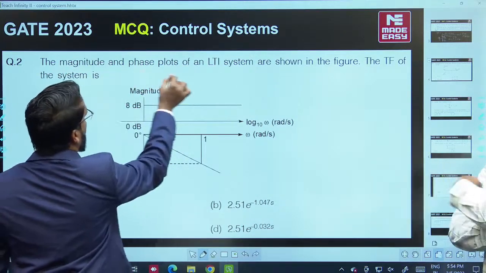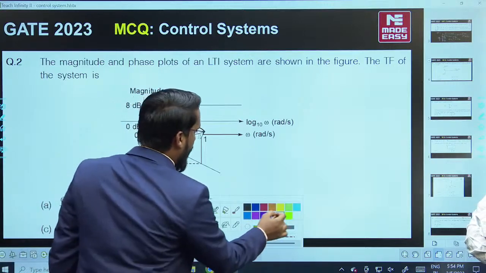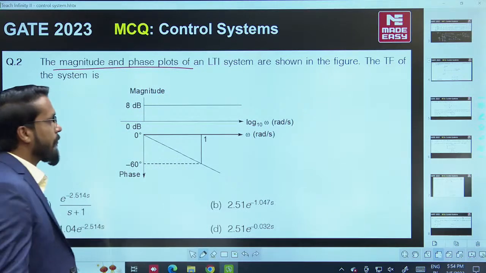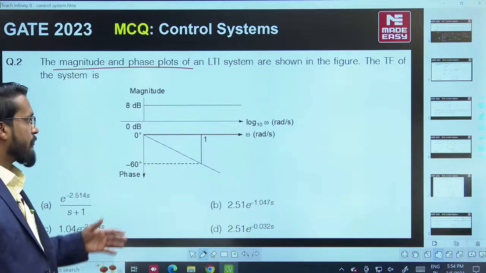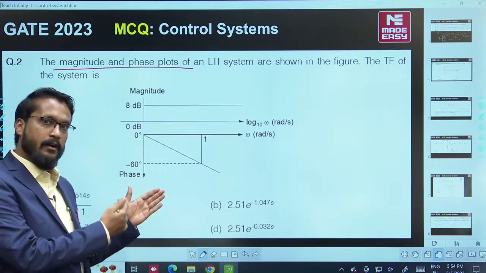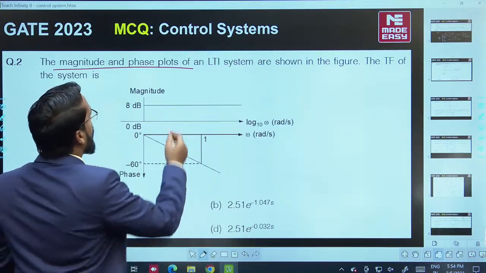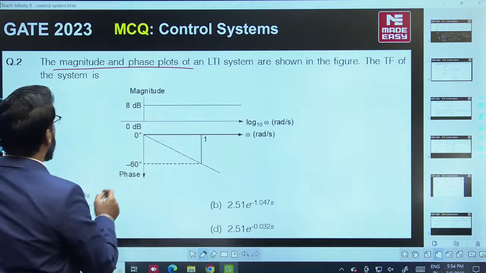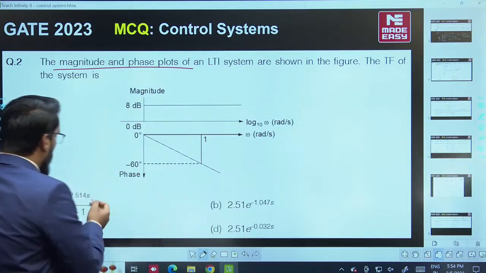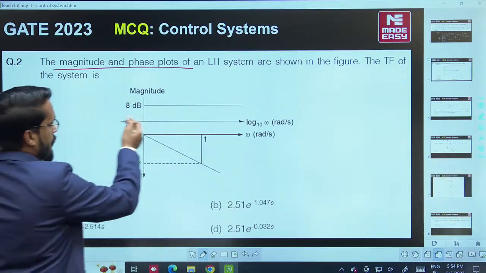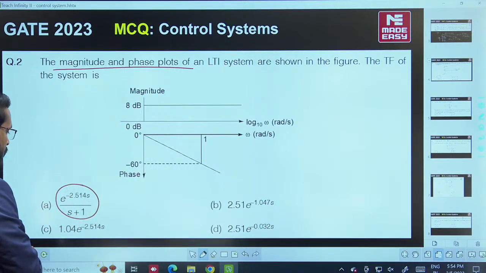Okay, so the examiner has given us the magnitude and phase plot. This is a very simple question, because with it we can eliminate options. The given information is very much enough. If you observe the option with a frequency term present, obviously the magnitude will not remain constant.